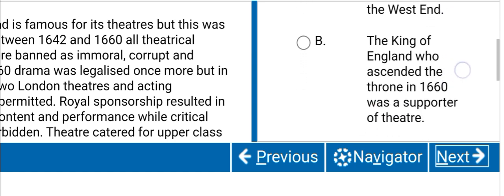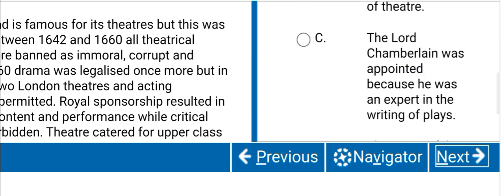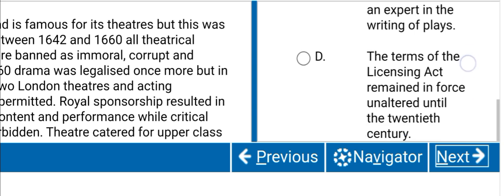Option B, the King of England who ascended the throne in 1660 was a supporter of theatre. Option C, the Lord Chamberlain was appointed because he was an expert in the writing of plays. Option D, the terms of the Licensing Act remained in force unaltered until the 20th century.